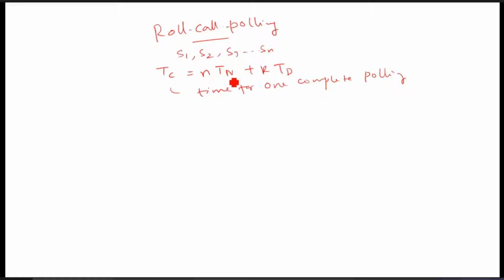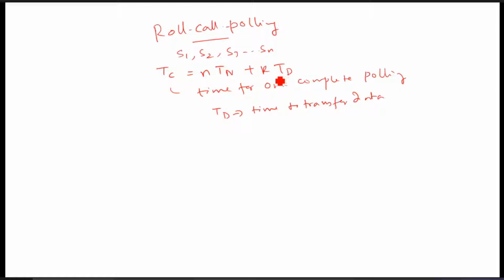And TD is the time to transfer data. So Tn and TD, these two are different.